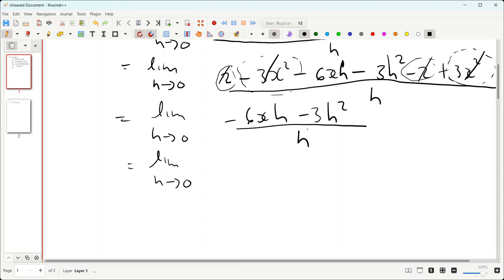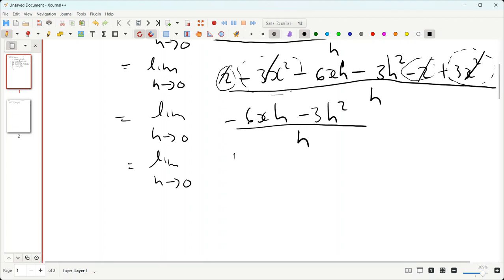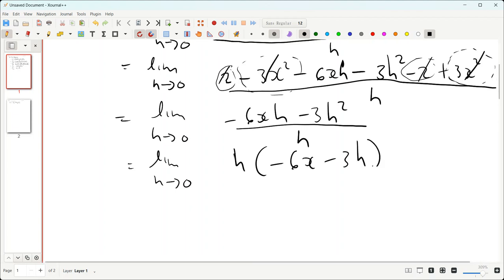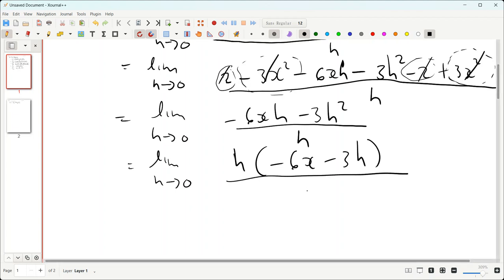We do have a common factor here, so when we take out a common factor of h, we are left with minus 6x minus 3h, divided by h.